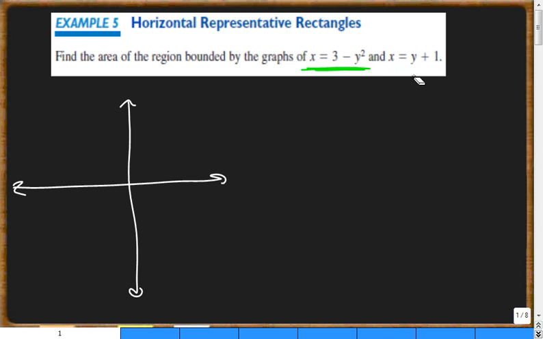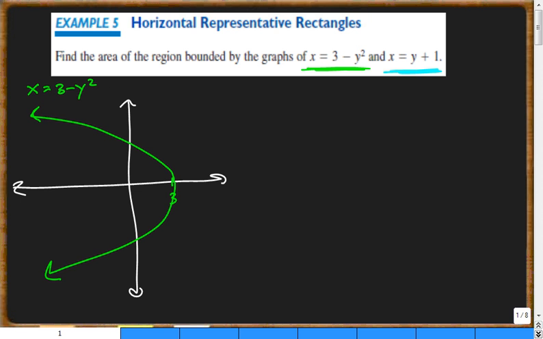It is going to be an inverted parabola, kind of sideways, what they call the sleepy ones. So we've got this value of 3, and it goes down towards the negative x. So this is x equals 3 minus y squared.